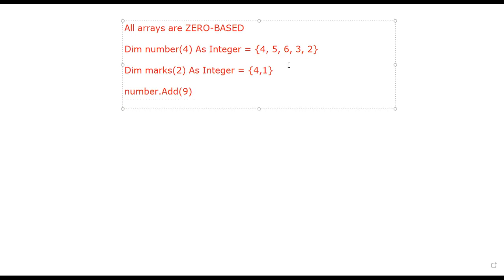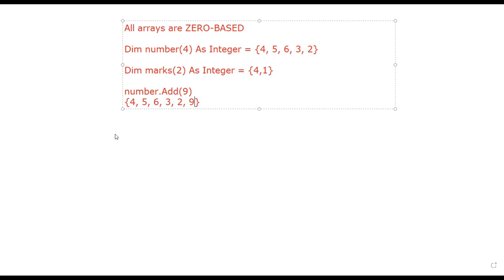My new value for array number will now be these values here, plus 9.